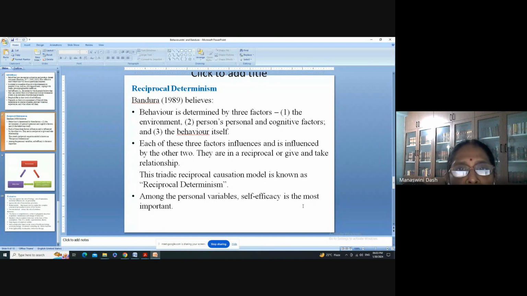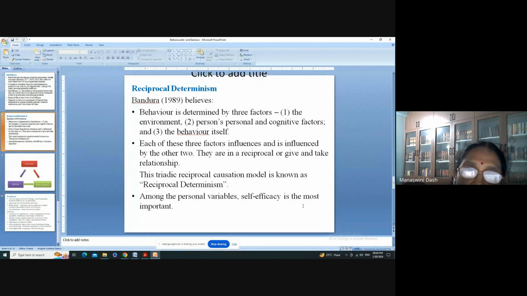So, reciprocal determinism means behavior. Determinism means the view that believes that behavior is deterministic. Something determines behavior, and these three factors determine behavior. And each of these three factors is in a cause and effect relationship with the other two.